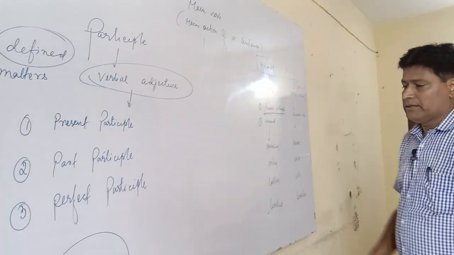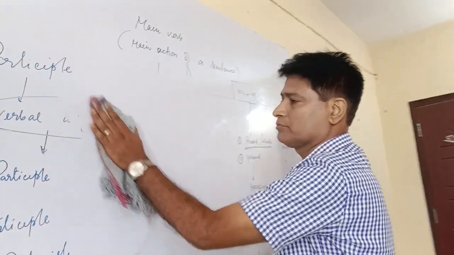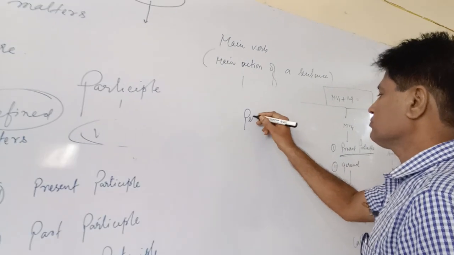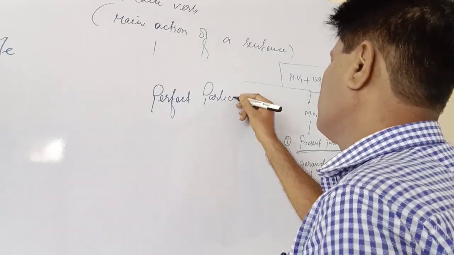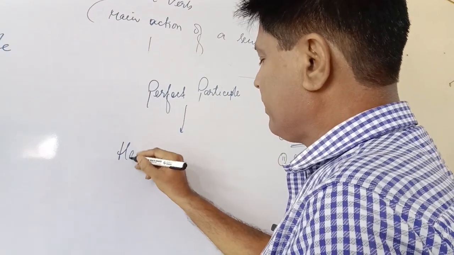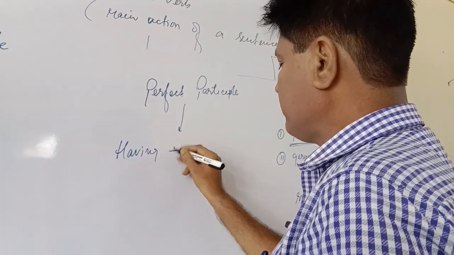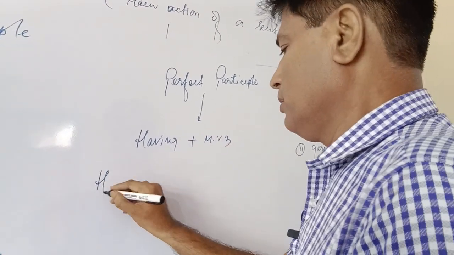Right, friends? Let us learn how to use perfect participle. After using having, if you use main verb 3, then it becomes perfect participle.